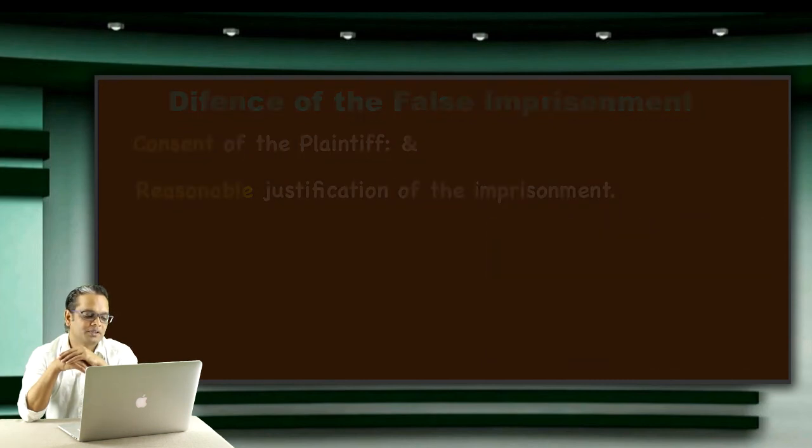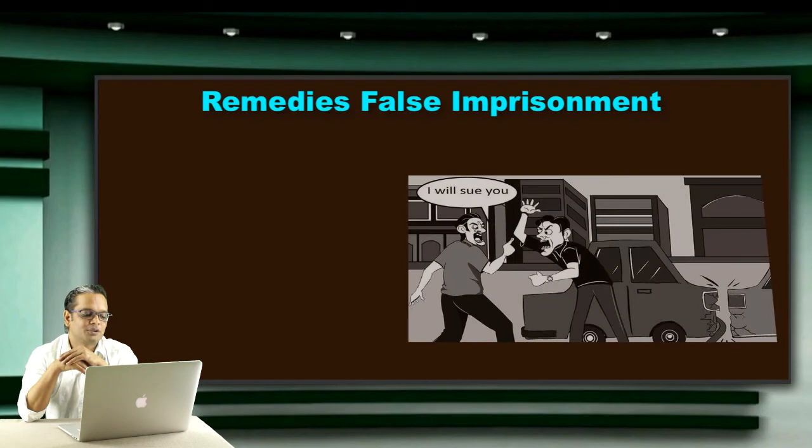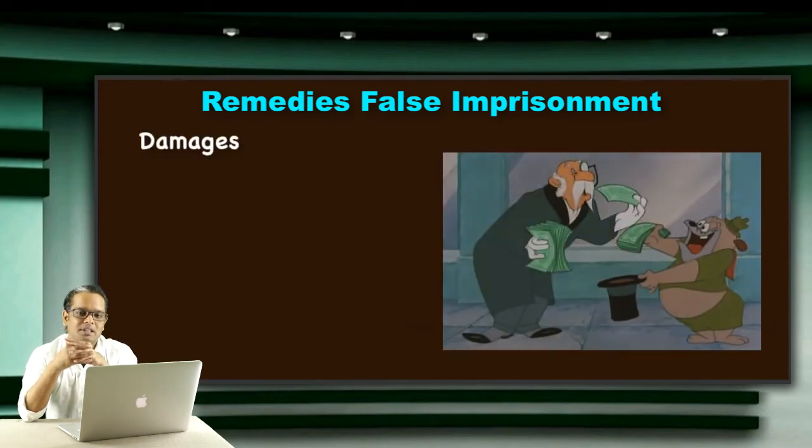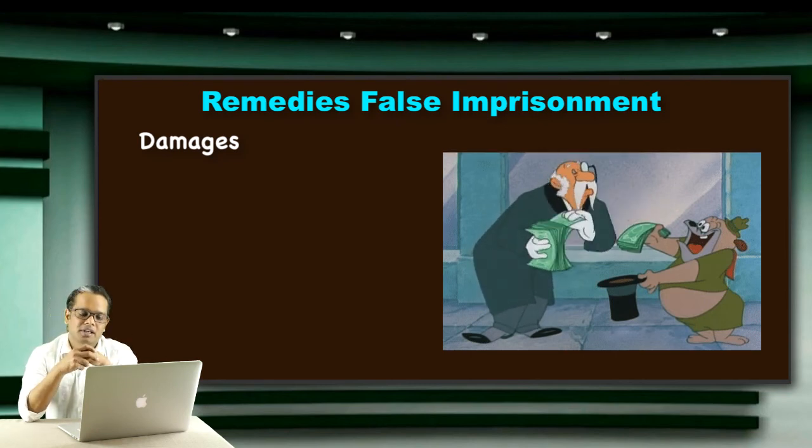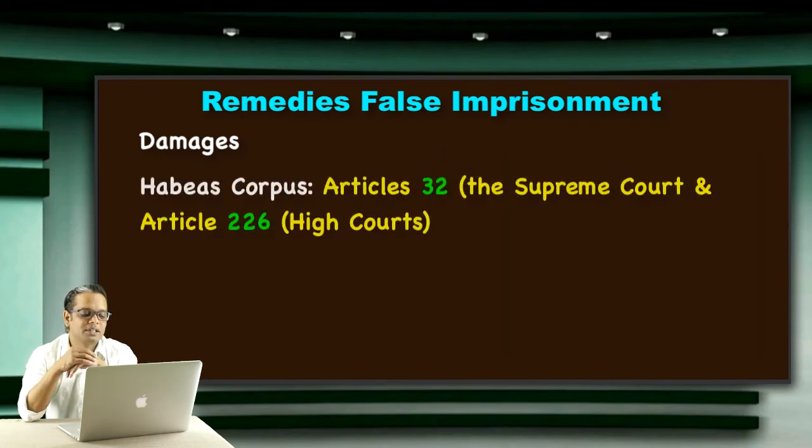Now the next topic is remedies for false imprisonment. Of course, the first one is damages, as we have seen that in tort cases, remedies are essentially damages. And the second one in this case is, especially, habeas corpus. What is the meaning of habeas corpus?